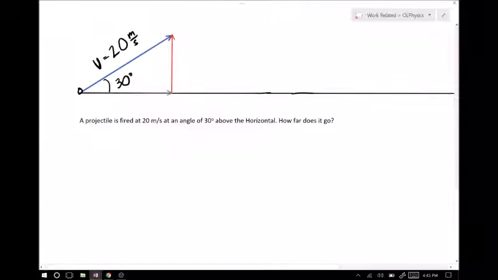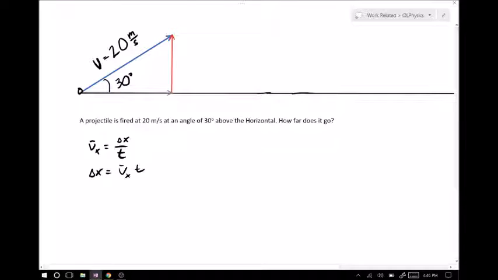So we have these up here. What we're going to start off with is simply this. If we're solving for horizontal range, we get change in x is equal to horizontal velocity multiplied by time.